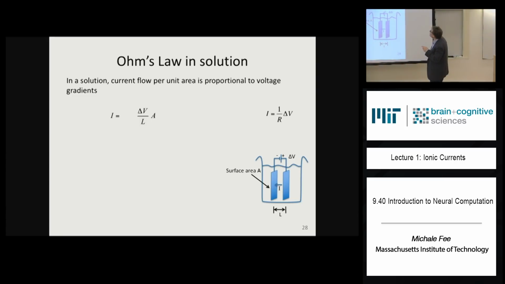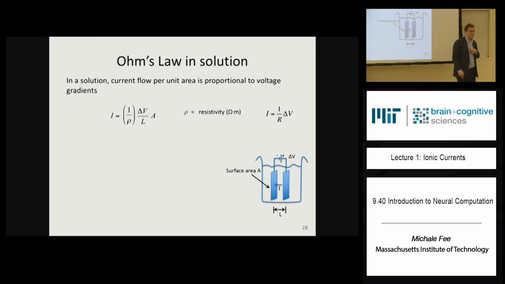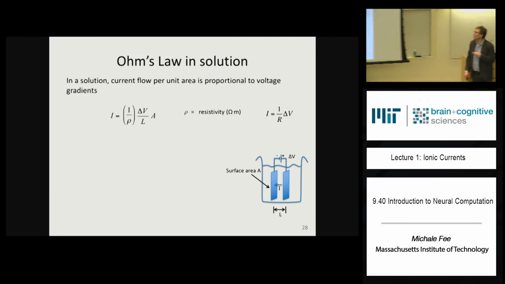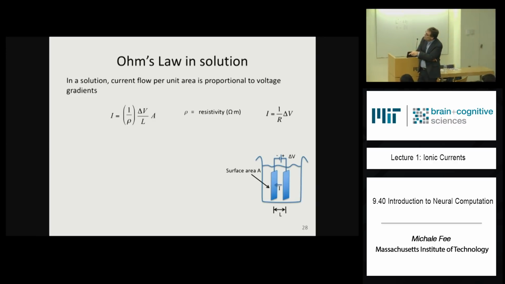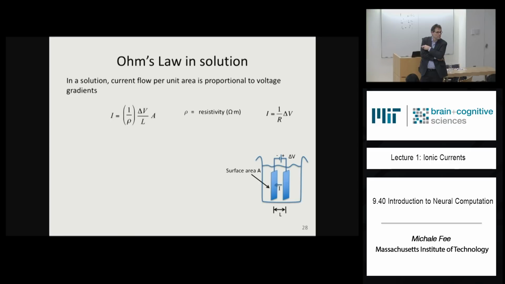This is now like Ohm's law, right? We're saying the current is proportional to voltage difference. The proportionality constant here is something called resistivity, otherwise known as conductivity, but we're going to use resistivity. Okay? So this is just Ohm's law. It says current is proportional to voltage difference.